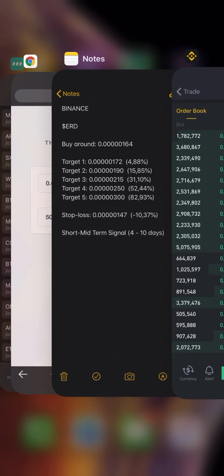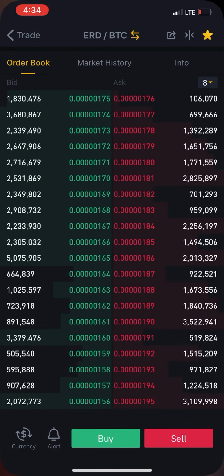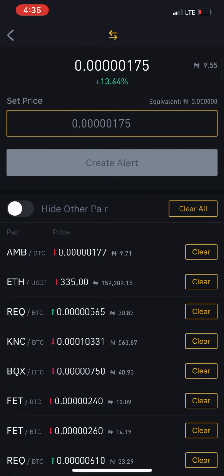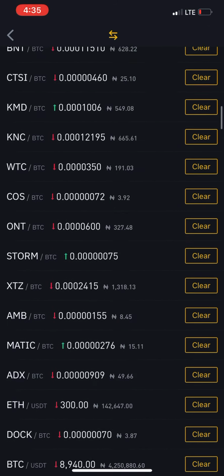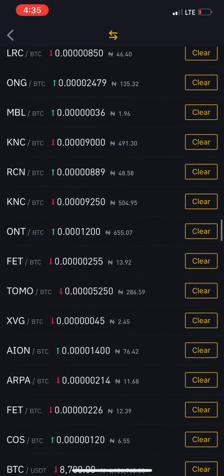Let's say you are trying to buy this ERD at 164, and the market is now trading around 180, but you want to buy around 164 and get notified. You will come here and set an alert. You can see all the alerts I set to be notified with.